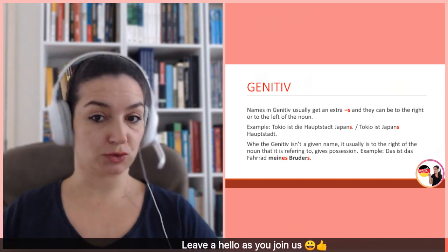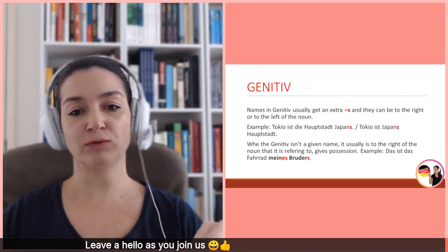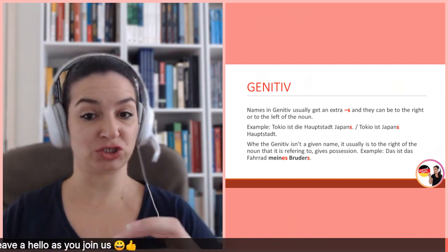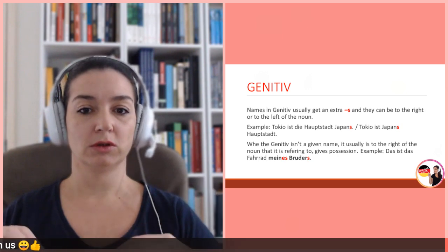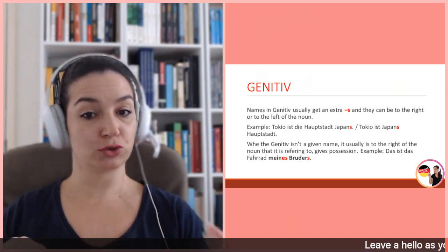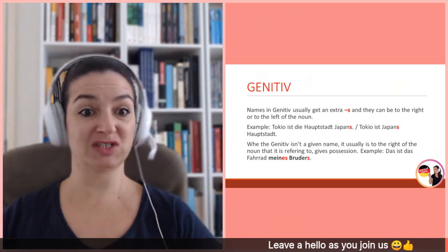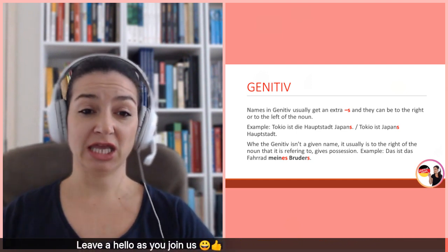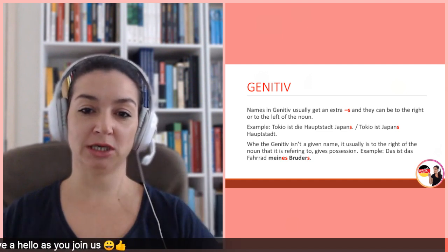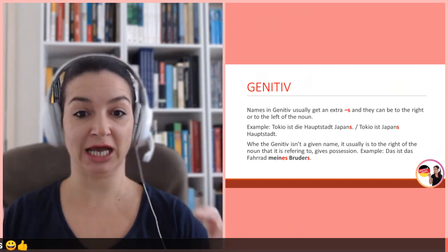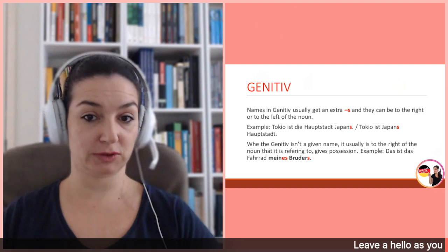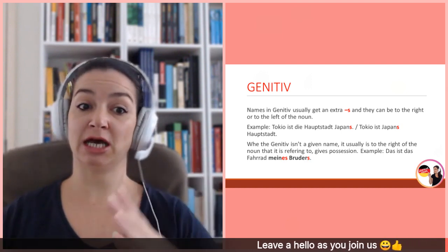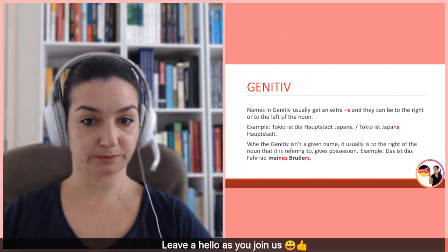You can choose if you want to say who something belongs to before or after you say what belongs to. In English, usually it has to be before, on the left. In German, sometimes it can come on the right.